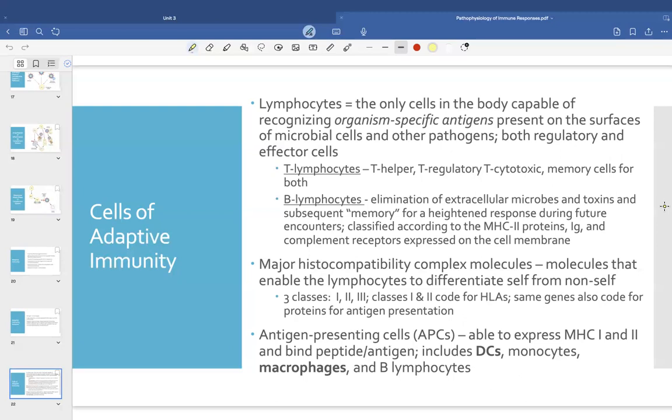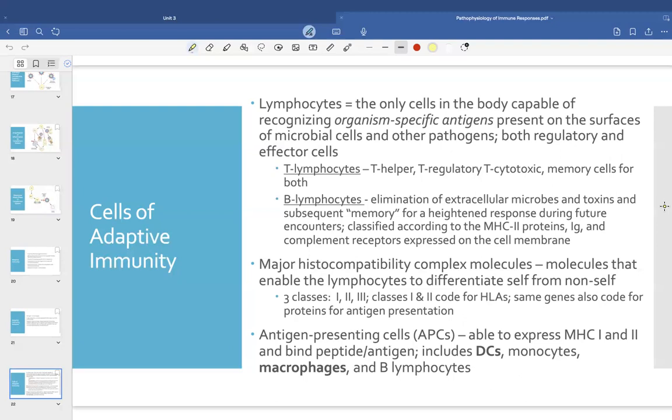Your APCs, or antigen presenting cells, we have them kind of everywhere in our body. They're able to express both MHC1 and 2, and bind peptide and antigen. It includes your dendritic cells, monocytes, macrophages, and B lymphocytes. So all of these can serve as antigen presenting cells. What does that mean?